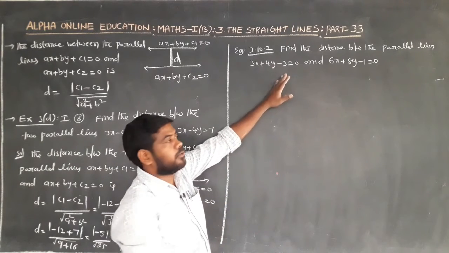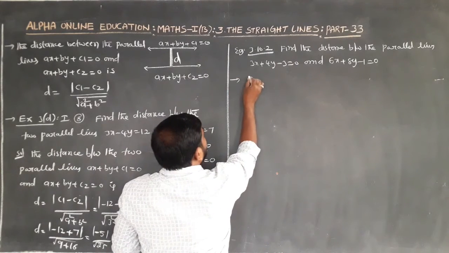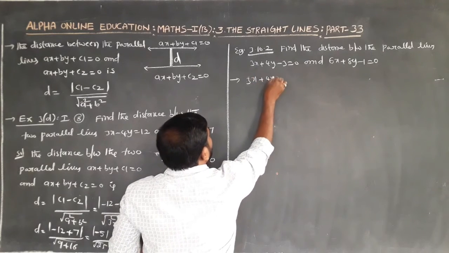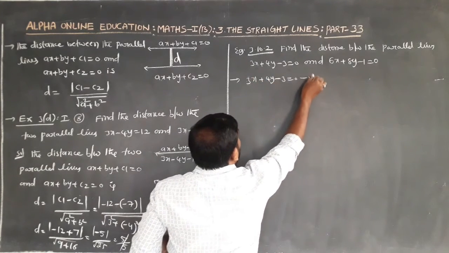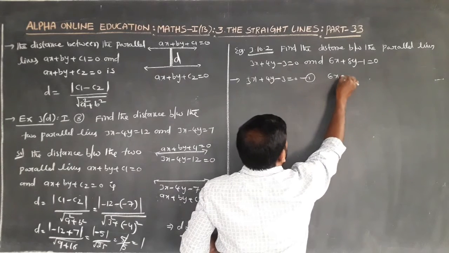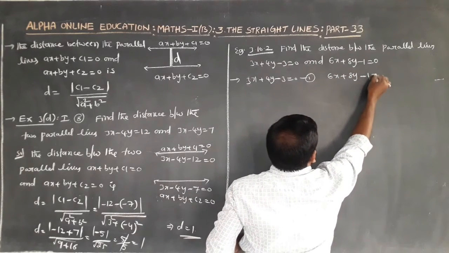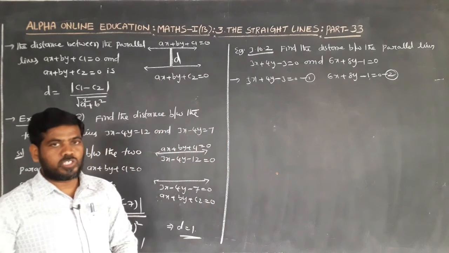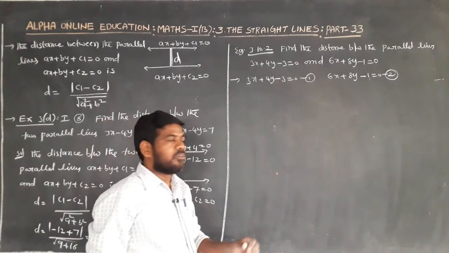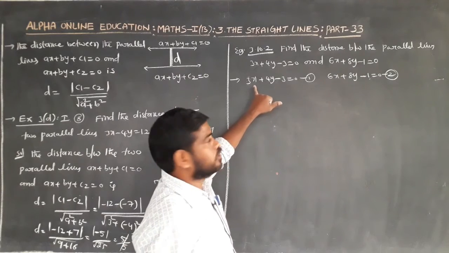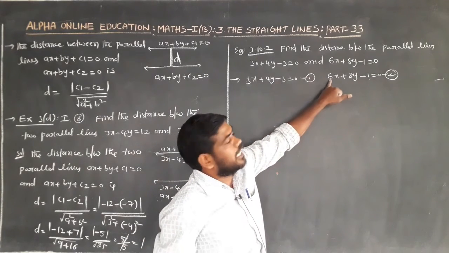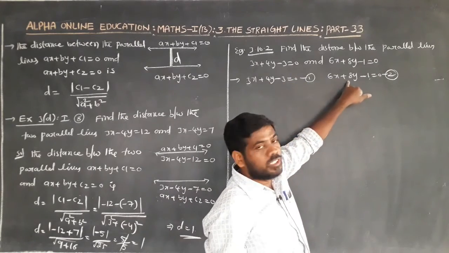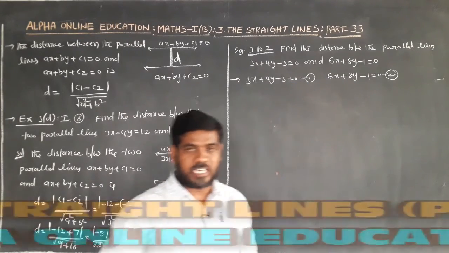Most important problem. Here the given equations are 3x + 4y minus 3 = 0 and 6x + 8y minus 1 = 0. Observe the two equations: here the x coefficient is 3, here the x coefficient is 6, here the y coefficient is 4, here the y coefficient is 8.